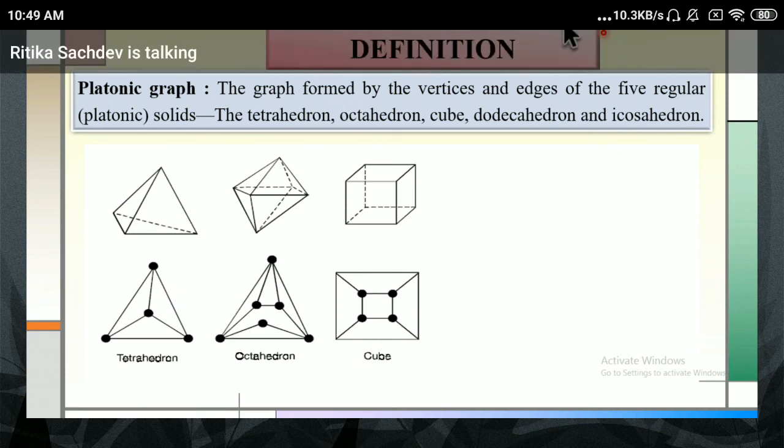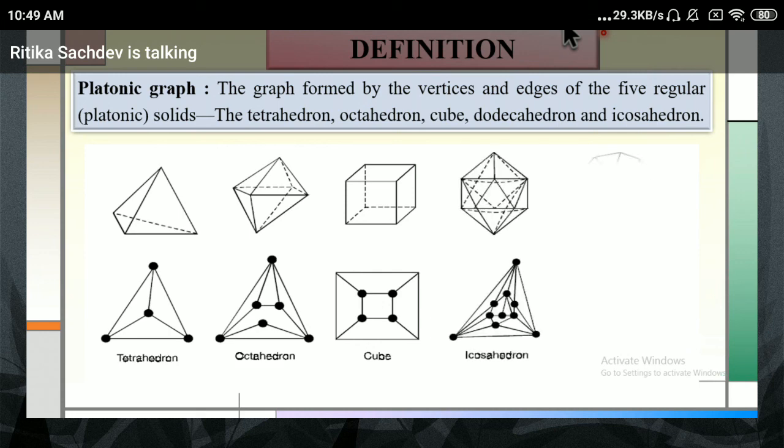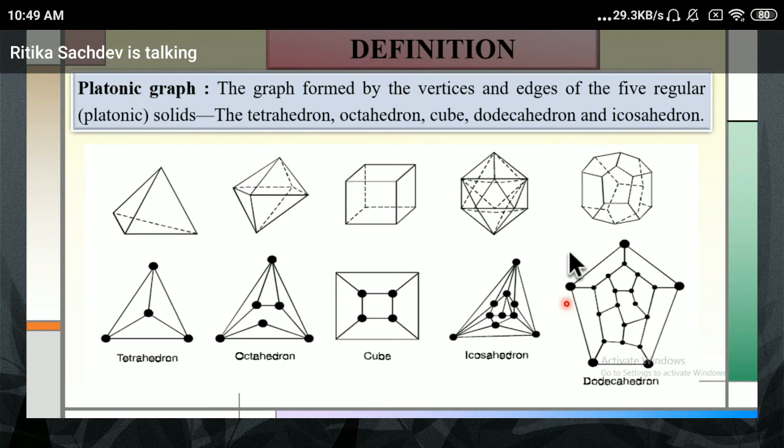In the dice, six faces. So tetrahedron, four faces, cube, six faces, octahedron, eight faces. Then we have dodecahedron, 12 faces, and icosahedron, 20 faces. So you have 4, 6, 8, 12, and 20.